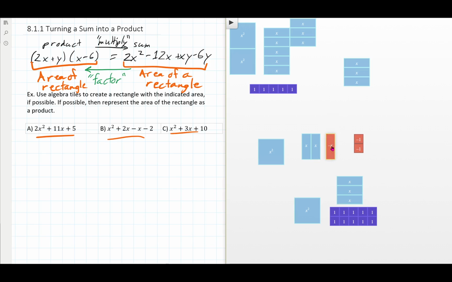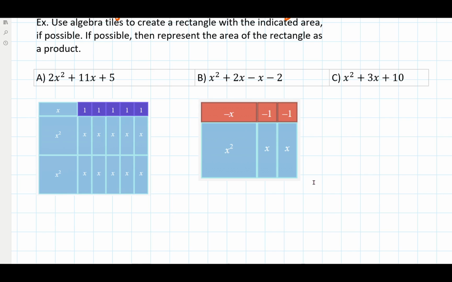But in terms of the actual length, it's the same length here. This lines up like so and like so. Okay? So what you should do is pause the video, and see if you can take these algebra tiles and rearrange them in a rectangle with all the edges lined up perfectly. Alrighty, so pause the video, and try that on your own.